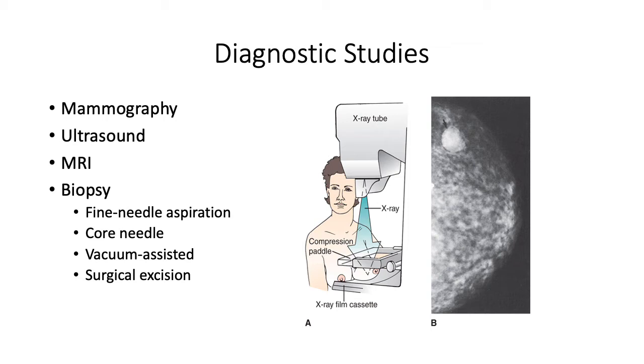A biopsy probe is introduced through a small incision. The device pulls tissue through the probe, where a rotating cutting device removes the sample. Lastly, surgical excision. For masses that are less than 2.5 centimeters, the mass is usually removed entirely. For masses that are larger, a portion of the mass is removed for further evaluation.